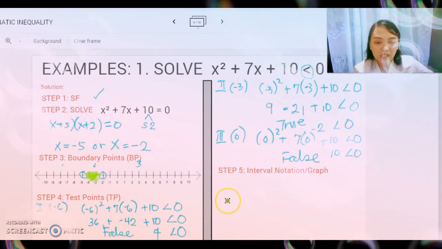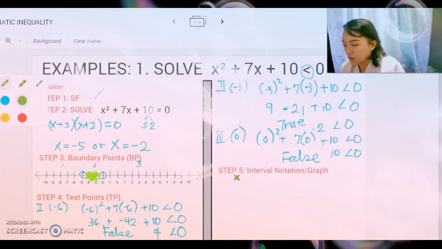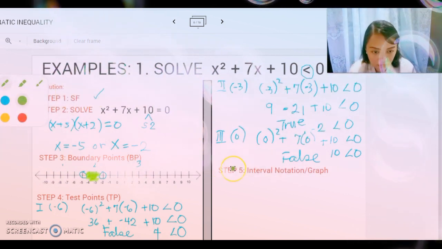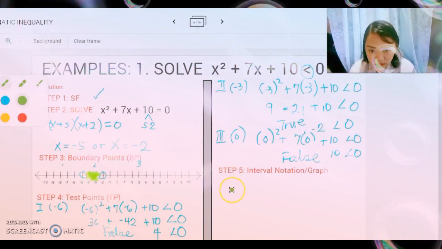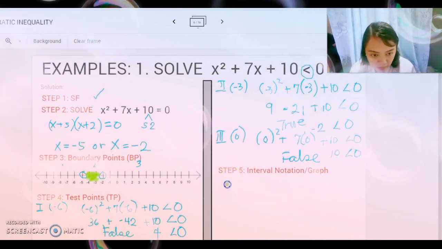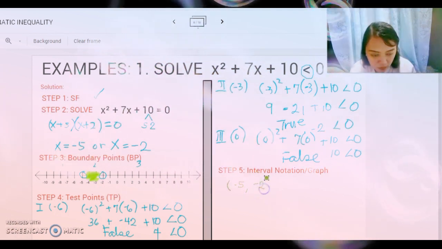So, ang interval notation natin, sulat ko ha. So, our interval notation would be, sulat natin, negative 5. Since hindi sila included, negative 5 up to negative 2.